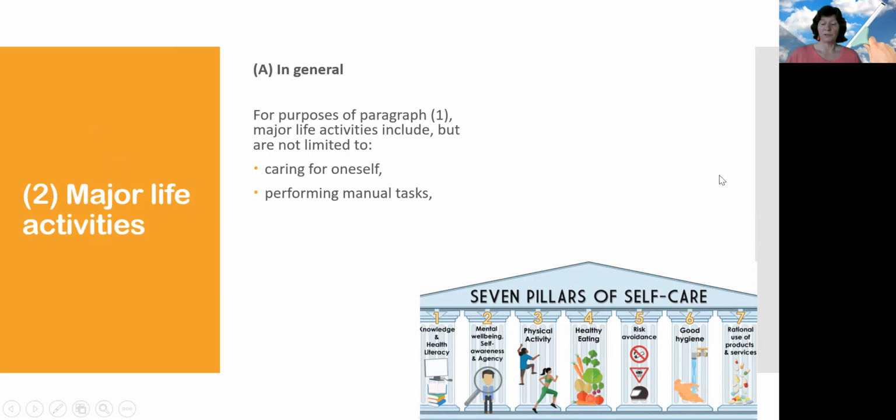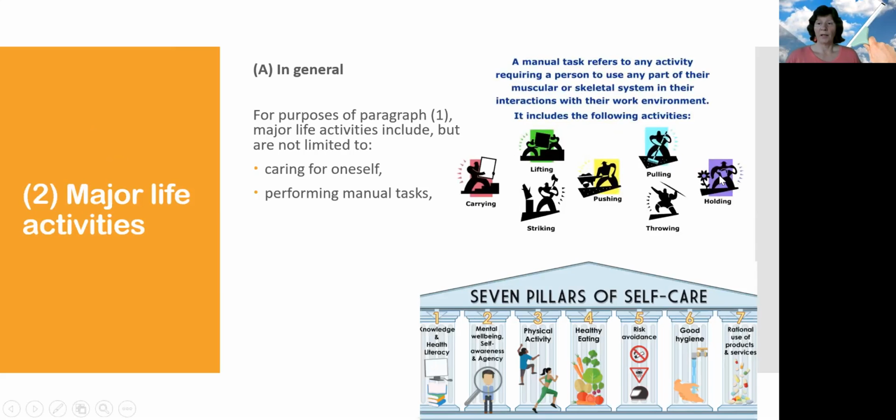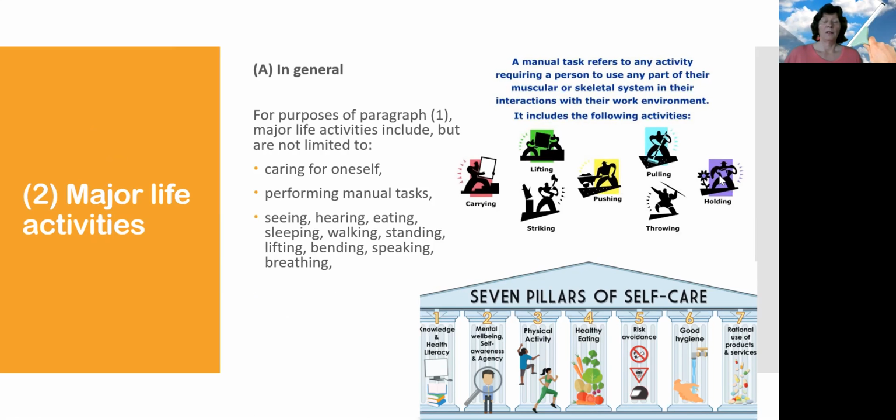What are some manual tasks? Carrying, lifting, striking, pushing, pulling, throwing, holding. You must also be able to see, hear, eat, sleep, walk, stand, lift, bend, speak, and breathe. And also learn, read, concentrate, think, and communicate, as well as be able to work.